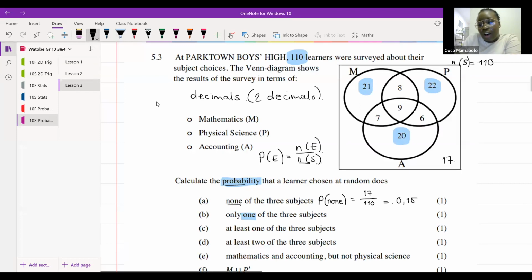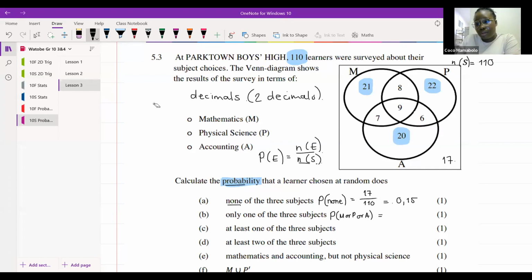You can take either of them and you would apply. So when we write or, we're going to add the probabilities. We're going to take the probabilities of maths or physics or accounting, and add them together. So let's start with the probability of accounting. How much is that going to be?